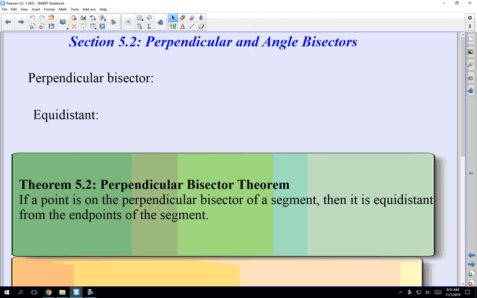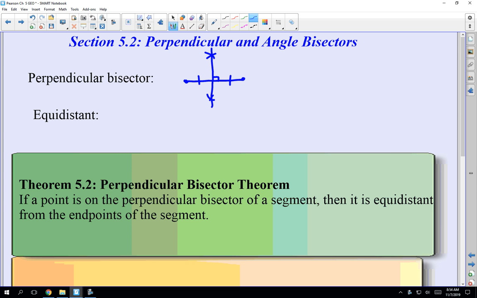All right, so perpendicular bisector, maybe a picture would be enough for you guys on that. But perpendicular bisector, oh, that's not very good. We've got this line segment. We swing an arc up here, and then swing an arc down here and down here. And what we're doing is creating a 90-degree angle and two congruent segments.